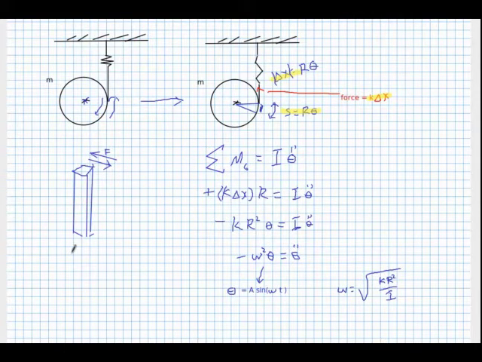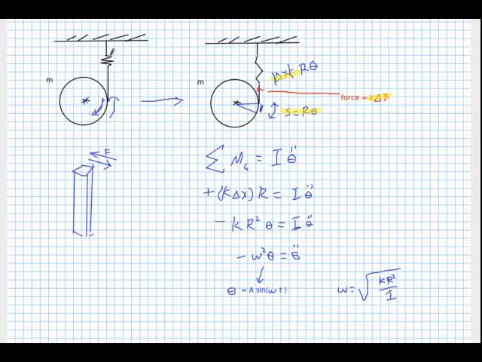Okay, a situation like that where if it gets pulled one way or displaced one direction, then there's a force or a moment causing it to be pushed or twisted back the other way is going to tend to cause there to be a vibration. So if you look at the example I have up here with the wheel, imagine taking the wheel and twisting it clockwise a little bit.